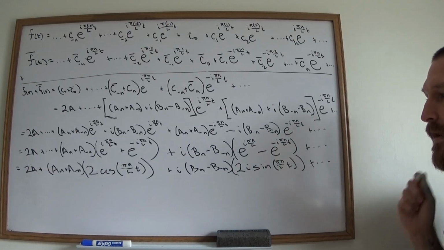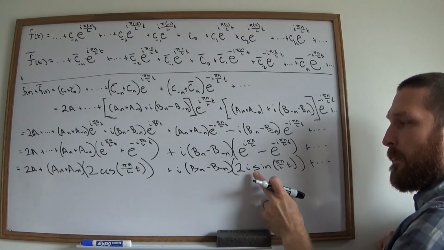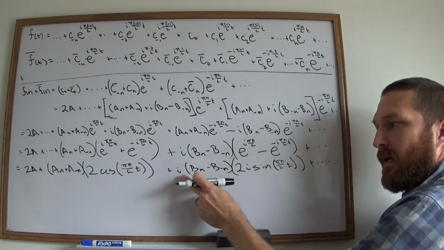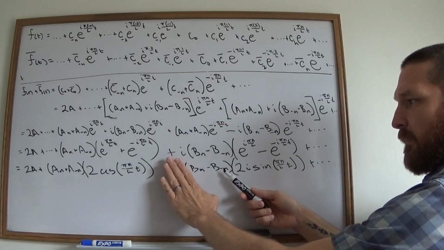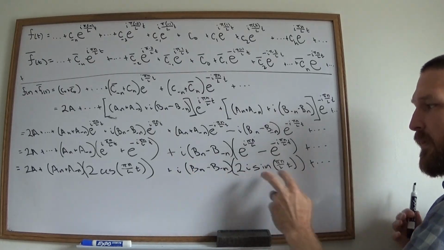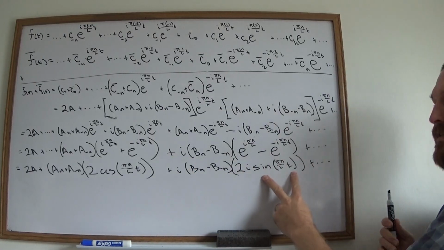Okay, now this i times this i. Remember, forget about him, this is some real number. 2 is some real number. Sine of a bunch of real numbers is a real number.